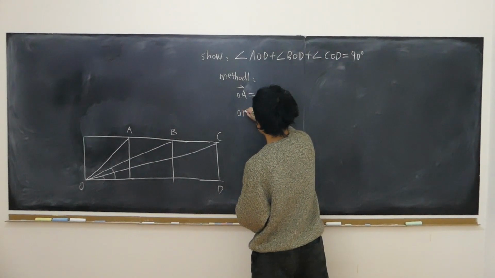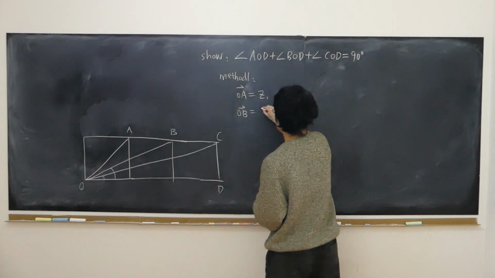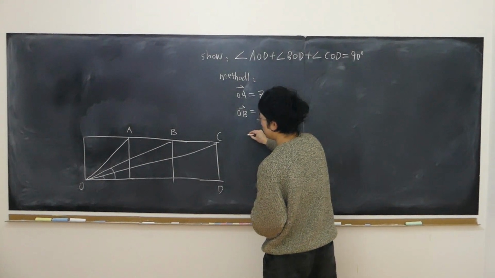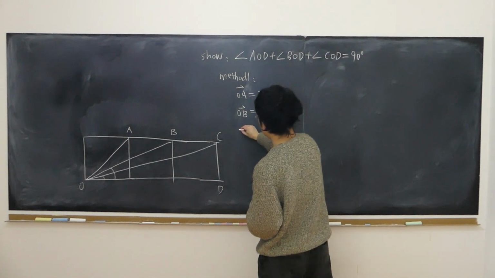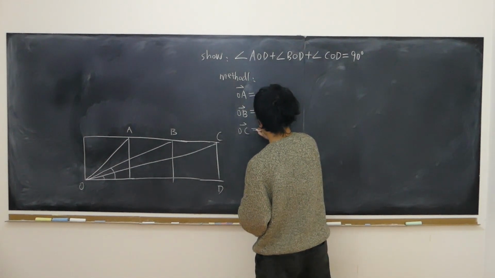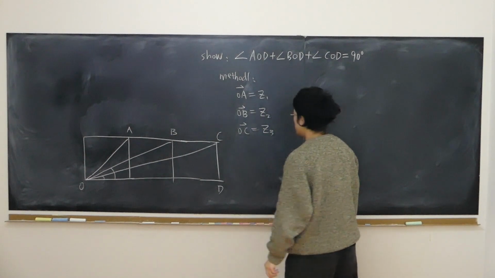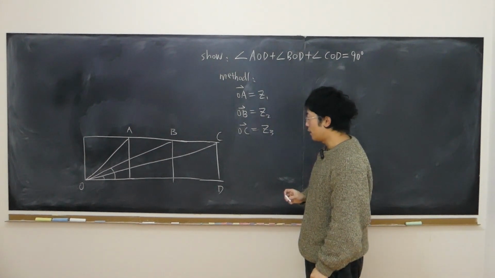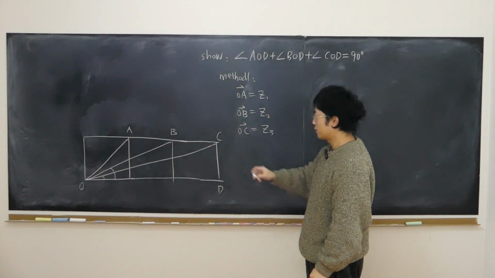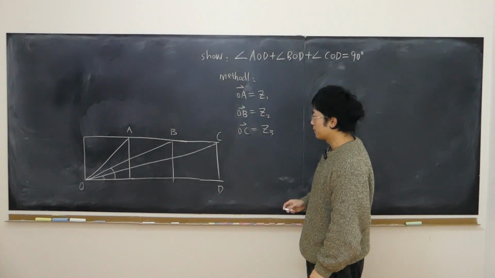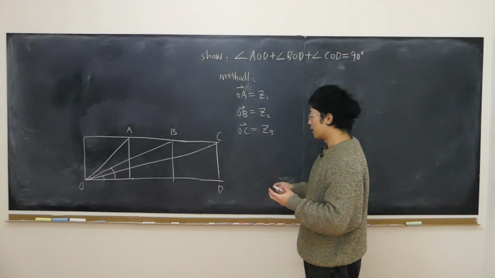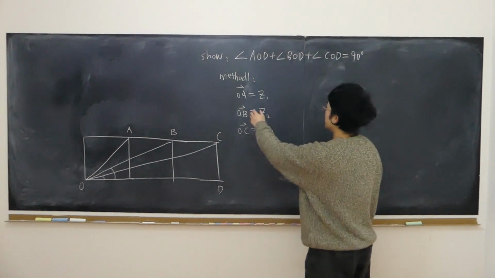Vector OB denoted as Z2, and vector OC denoted as Z3. And without loss of generality, we can just assume that the length of the square is just 1. Doesn't really matter what length you assume to be.